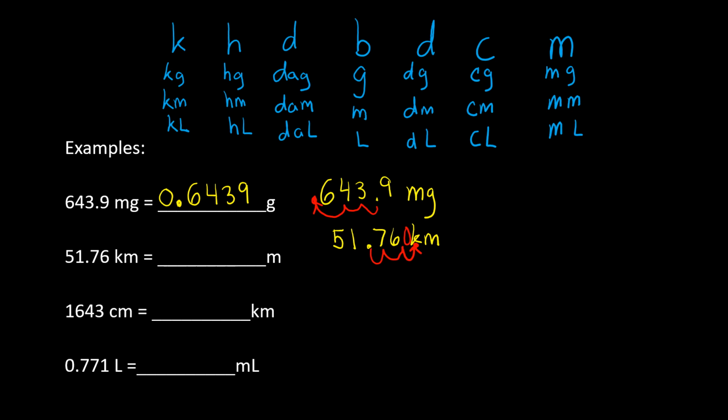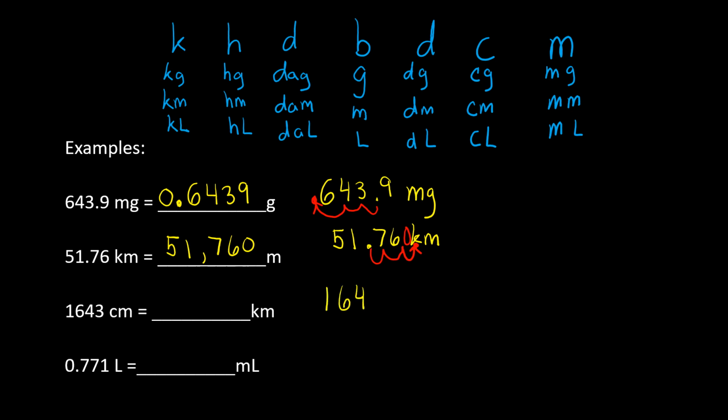So then you just add a 0 and put the decimal point after that. So this is 51,760 meters.